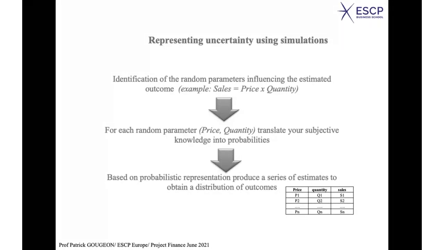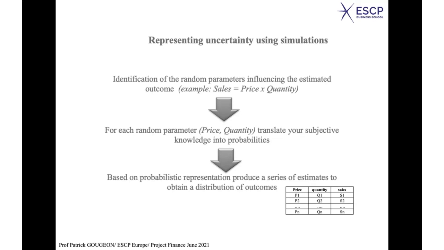You do the same for the quantity, then you will have 1,000 numbers for the quantities. And these numbers will be distributed following a certain probability curve, which corresponds to what you have assumed. And then for each line, you take price times quantity, and you obtain for each line an amount of sales.